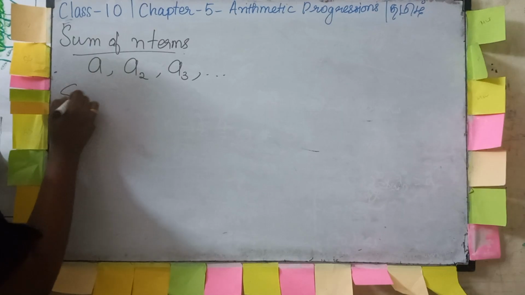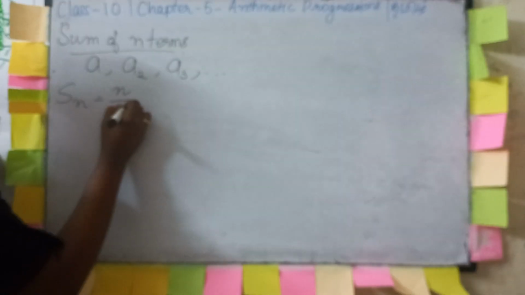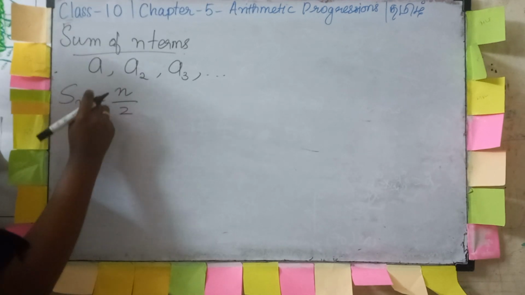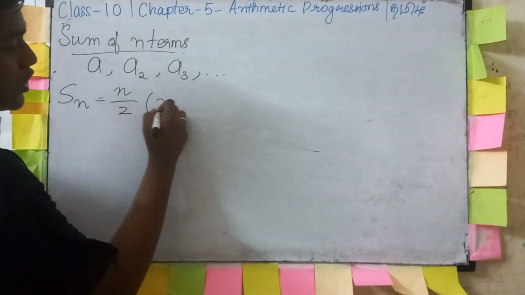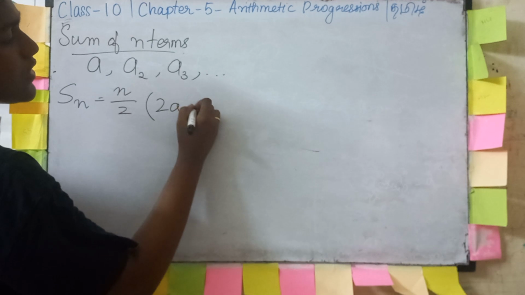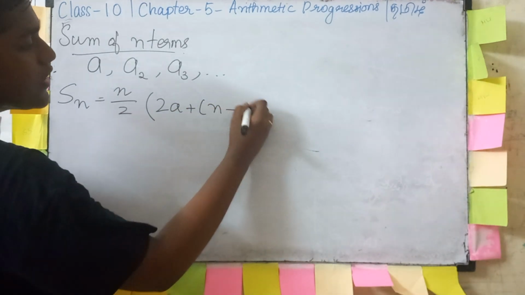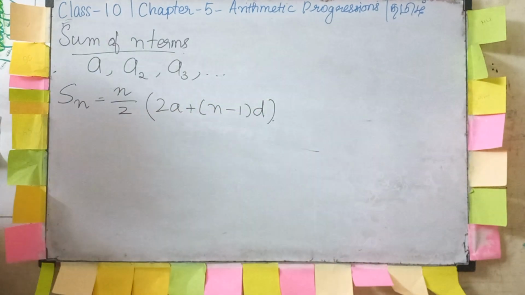The sum of n terms is expressed as n by 2 into 2 times first term plus n minus 1 into common difference.